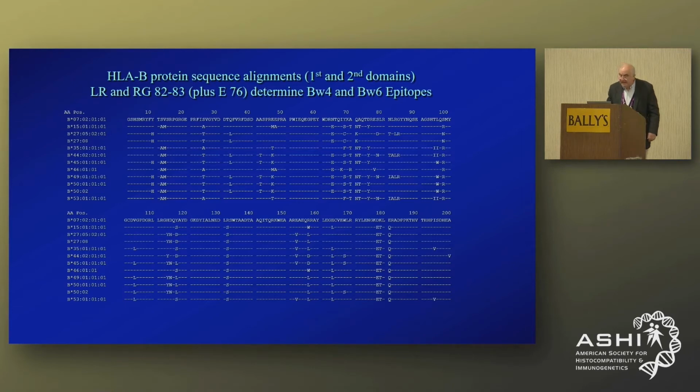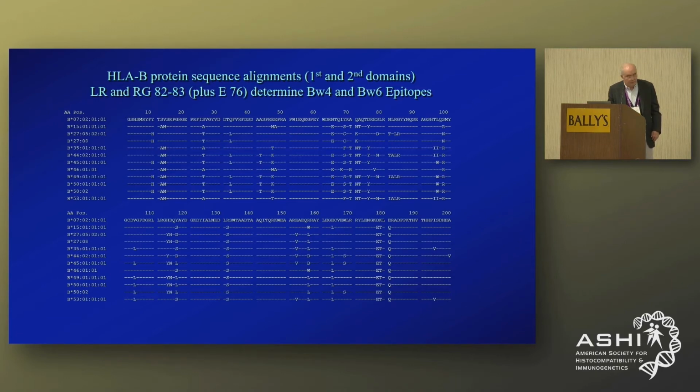And interestingly enough, when we ran the 13th workshop, we saw some monoclonal antibodies that missed, for example, B46 and B73. And indeed, these antigens were listed as being Bw6 positive, but they were not. And actually, to add to the epitope of Bw6, we would like to put glutamic acid 76.